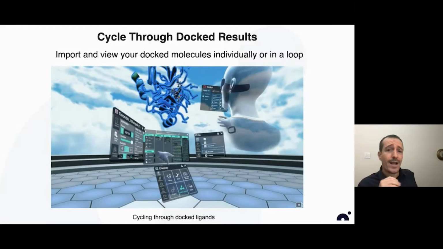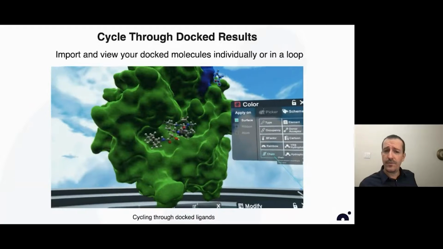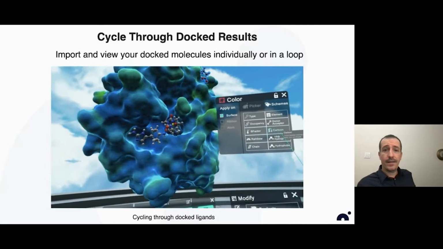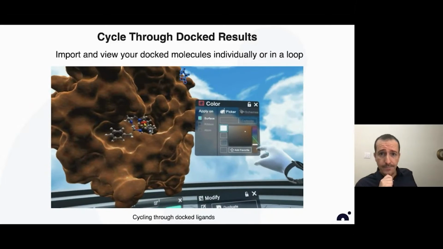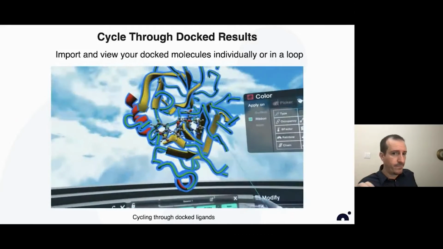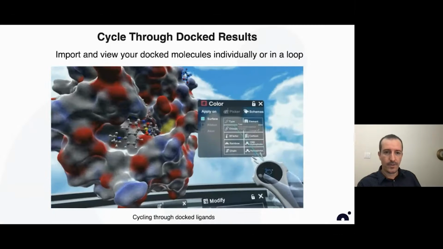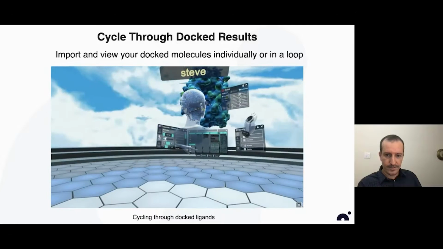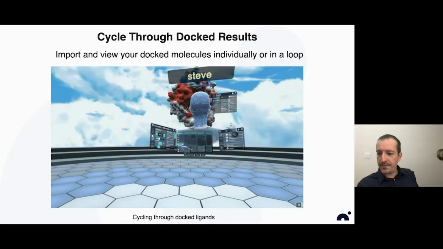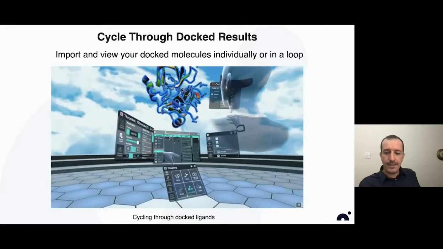You can rank those poses based on the score that you get from each of them, and then you can cycle through them individually or in a loop. You can further modify any rendering within the molecule as you see your binding poses. So this has been really great to do some dockings in virtual reality.